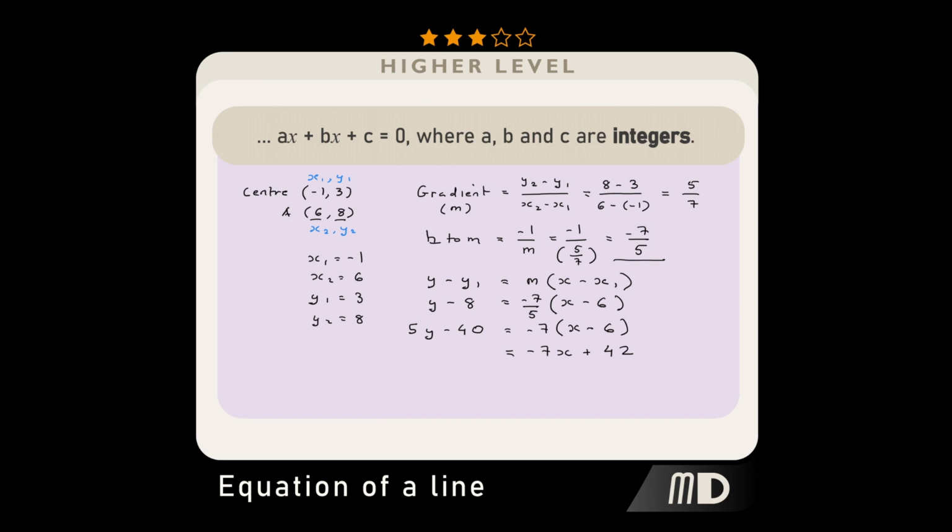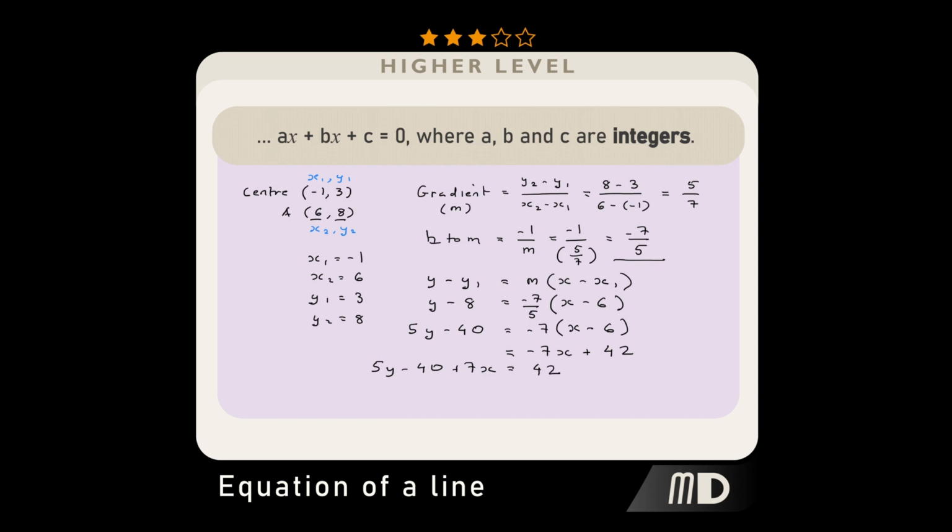That means we need to add 7x to both sides and subtract 42 from both sides. That gives us 5y minus 40 plus 7x equal to 42.